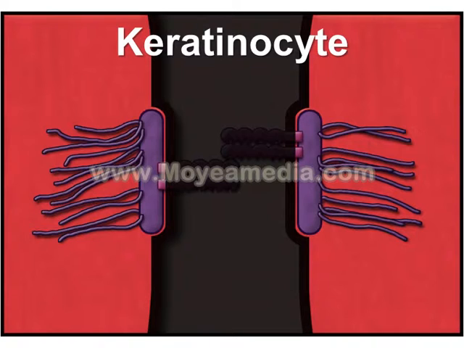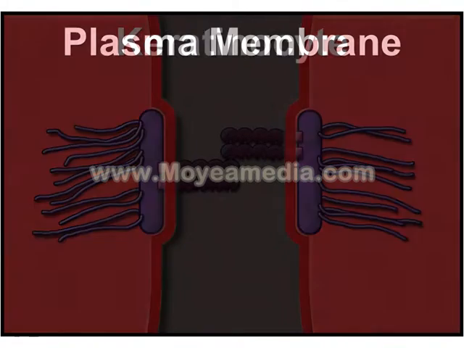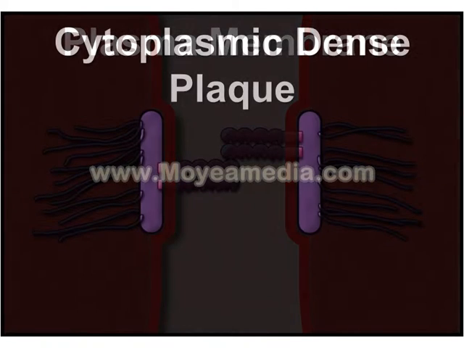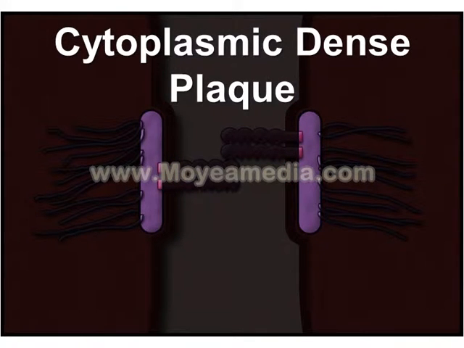And then there's the portion within the keratinocyte. The plasma membrane divides those portions of the structures. The cytoplasmic dense plaque is found immediately below that cell membrane.